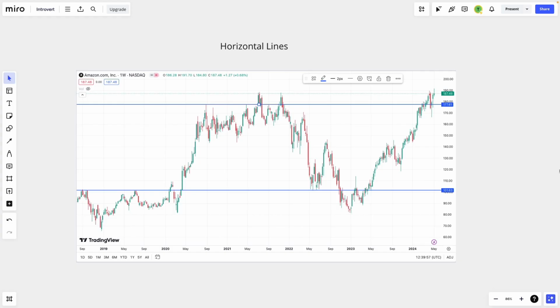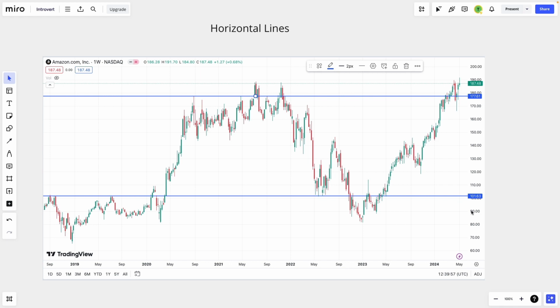So here are the horizontal lines, two of them, on the Amazon stock. I'll zoom in a little bit here. We can see on the right a price of $101.63, and that is a significant line. You can see that back in September 2019, the stock price rose up, met this line and came down, rose up again, met this line and came down.